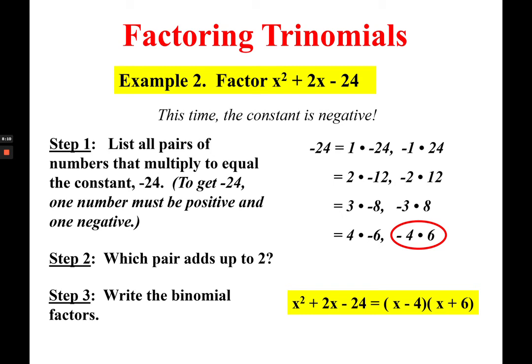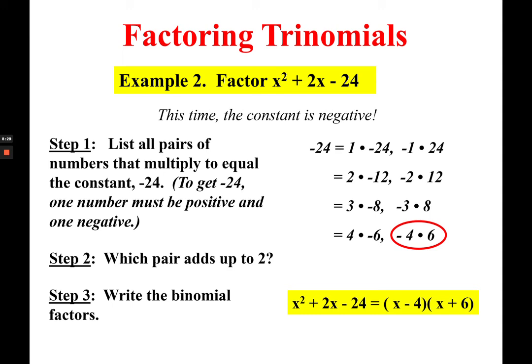X times x is from the x squared factor. 24 is negative 4 and 6. Why did we choose them? Because it adds up to the positive 2x. Otherwise, you're going to perform the actual FOIL, which will let you find the 2x.